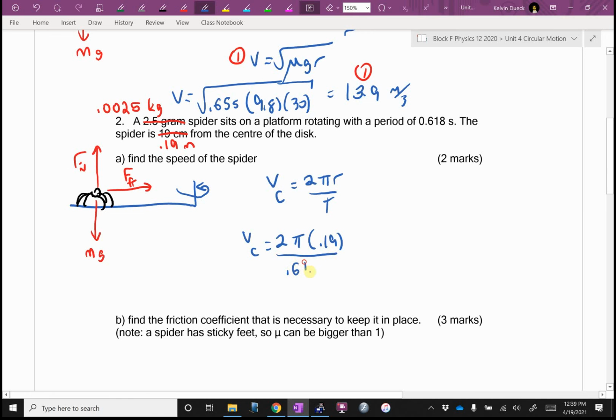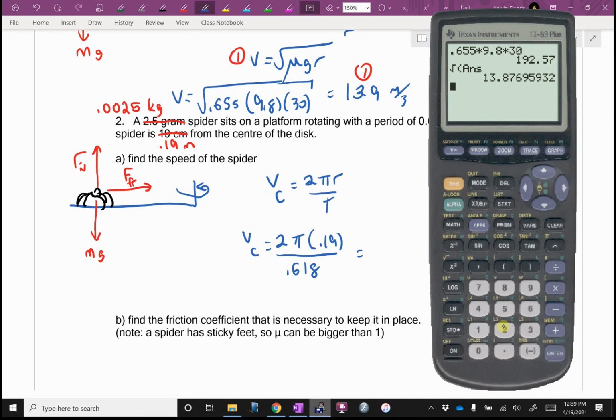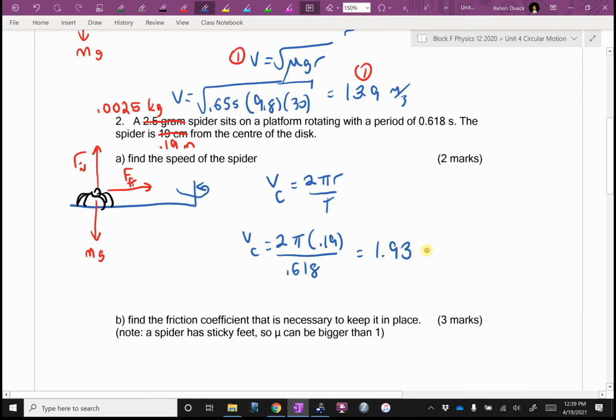And then 0.618. 2 pi times 0.19 divided by 0.618. And I get 1.93, is that right? Meters per second.